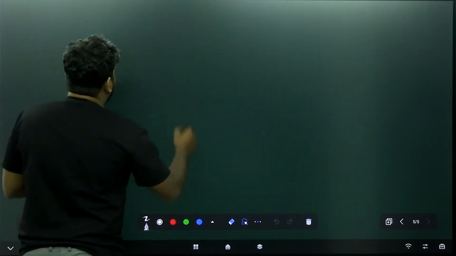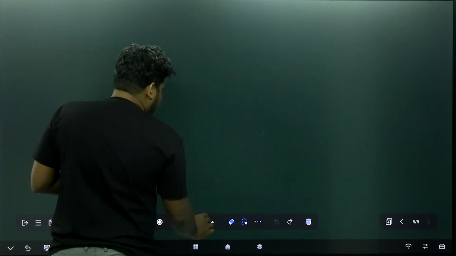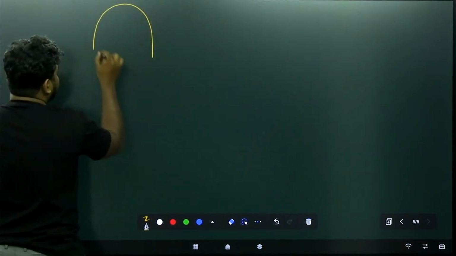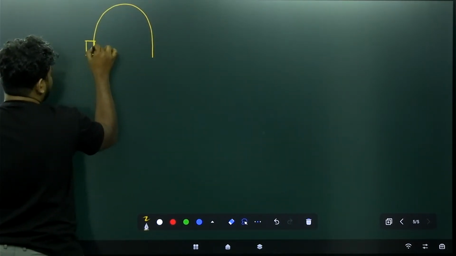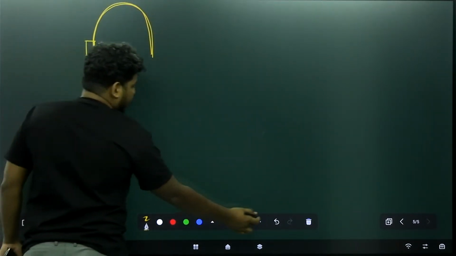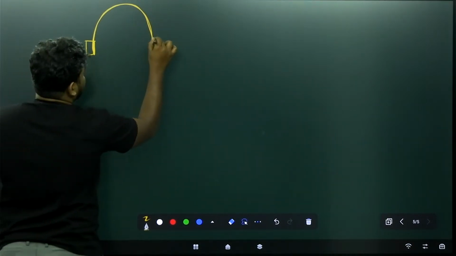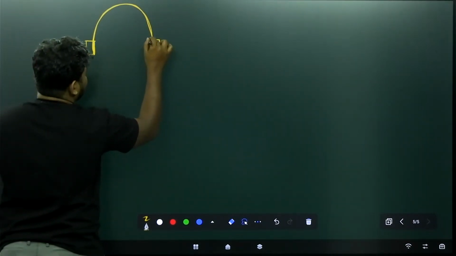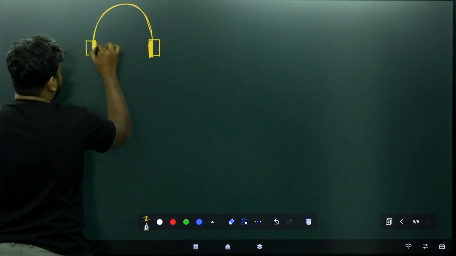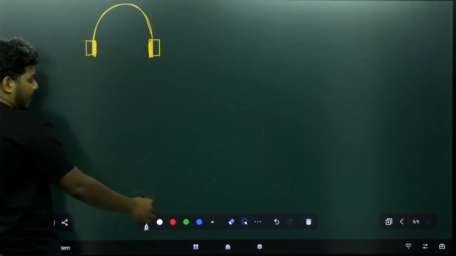In some of the headphones, let's say this is the headphone, this is how headphones look.